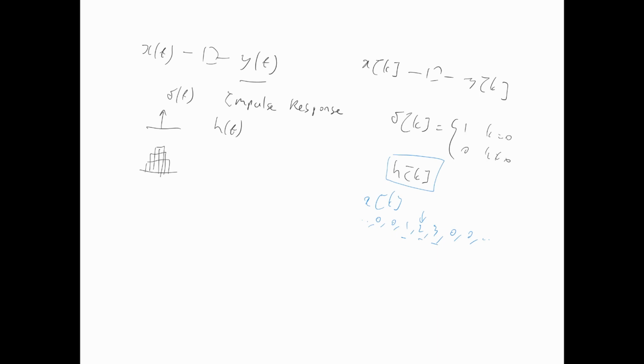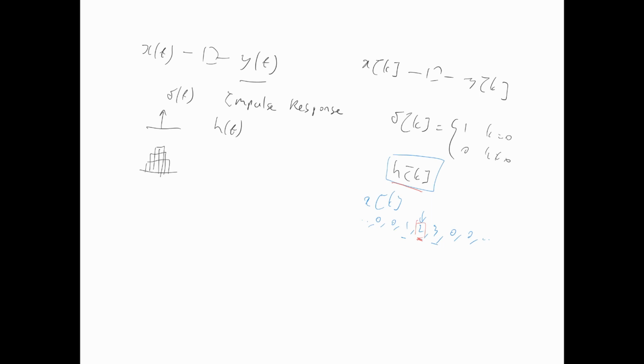Well, because of the linear time invariant nature, I can decompose the problem. First, what is the output going to be if the input was just this 2 here, at time 0? Well, by linearity, we know that the output is just going to be twice the impulse response. Remember, the impulse response is the output if we put in a delta function, and here we're just putting in twice the delta function if we pretend the 1 and the 3 are 0.